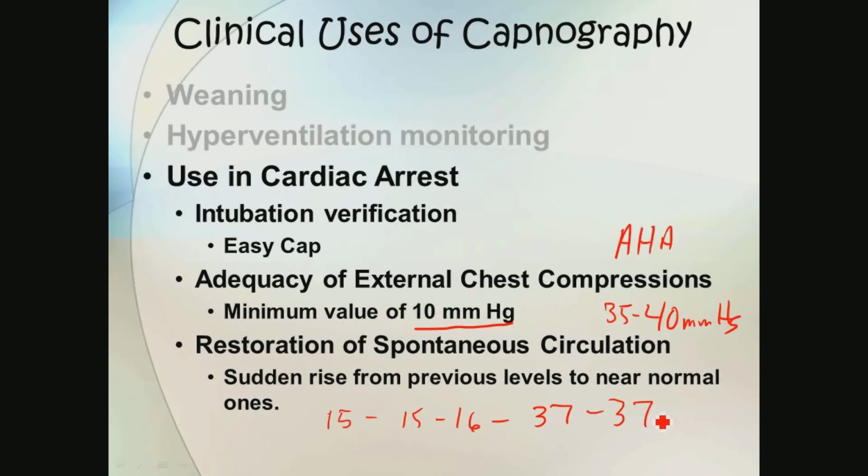So I'm at a level between 10 and 20 typically, and all of a sudden it spikes up. And that's all that CO2 that was peripherally trapped because of poor cardiac output now being picked up and brought back. And it's an indication to evaluate the patient for what they call ROSC, R-O-S-C, restoration of spontaneous circulation.